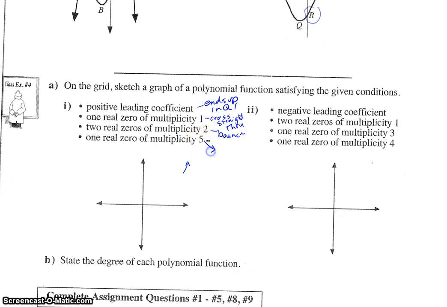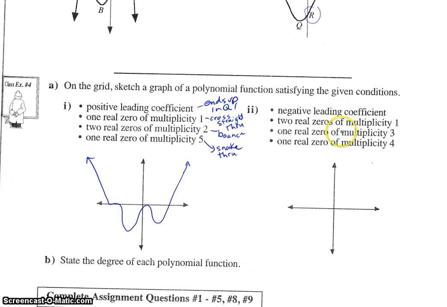And of 5, that's an odd multiplicity, we have to snake through or have a point of inflection. So tangent, point of inflection, and then we also have cross straight through. All right, so let's do cross straight through, tangent, and then a point of inflection, and there we go. Not pretty, but it works.